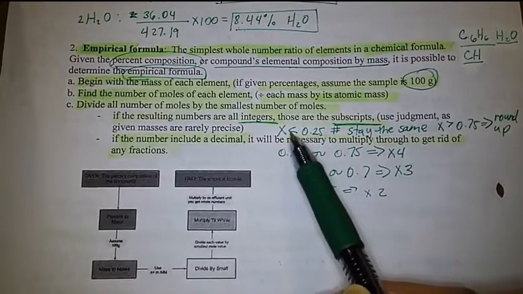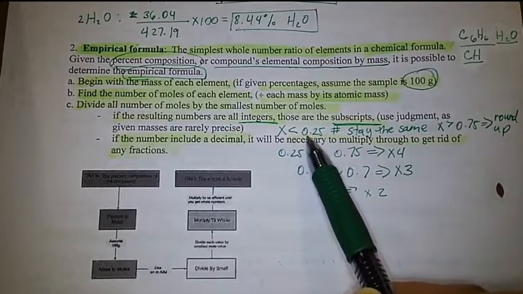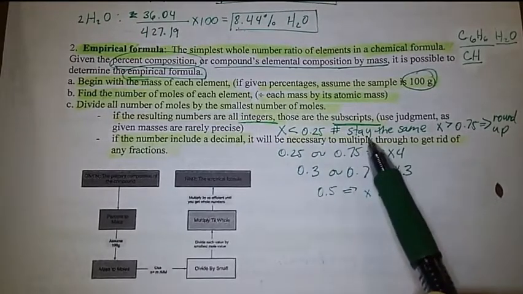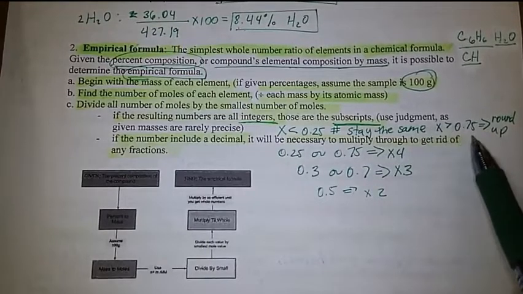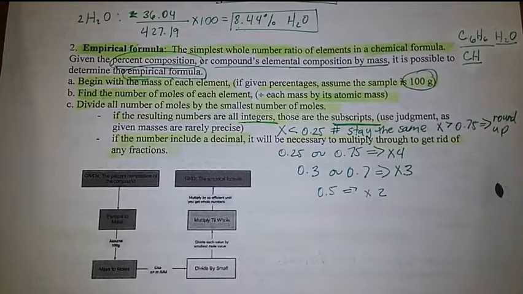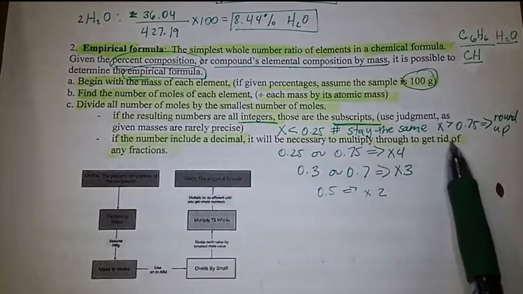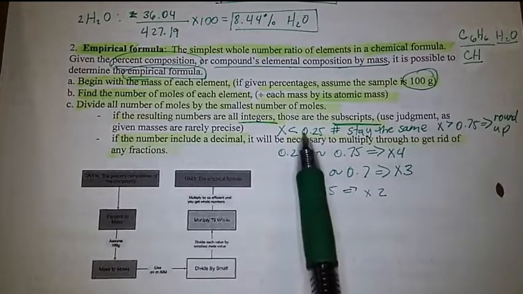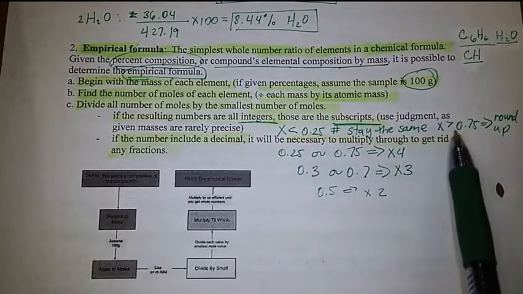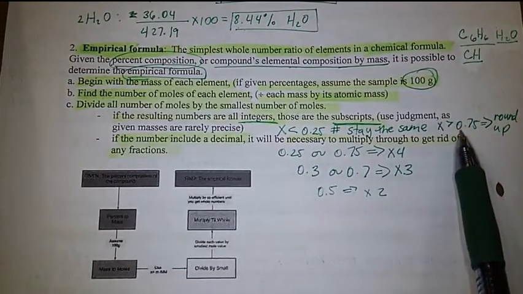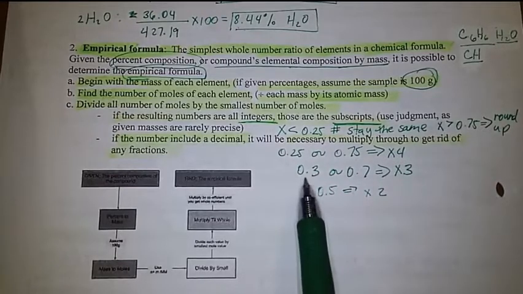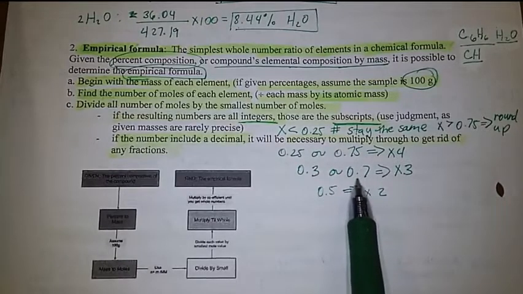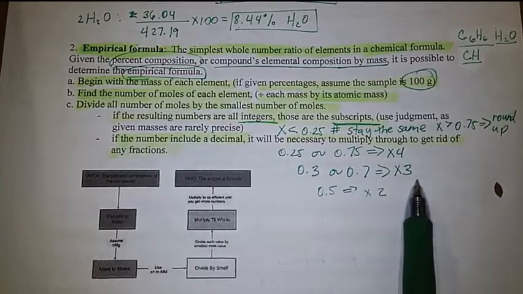So again, let me clarify. If x happens to be less than 0.25, then the number will stay the same. If x happens to be greater than 0.75, then you just round up. If the number is not less than 0.25 or greater than 0.75, but the decimal value is around 0.3 or around 0.7, then you multiply by 3.